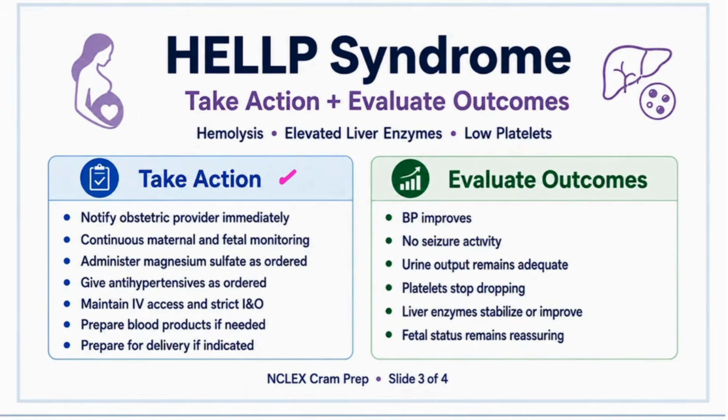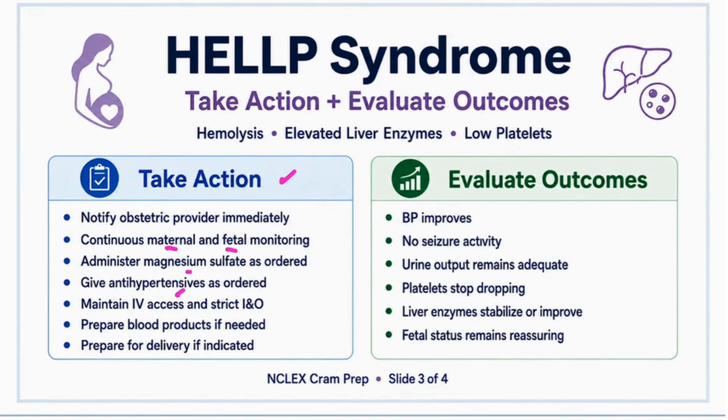Very important here. Continuously monitor the maternal and fetal monitors, right? We need to continuously monitor that. Initiate seizure precautions. Remember the risk for seizure. Administer magnesium sulfate as well as an antihypertensive as ordered.